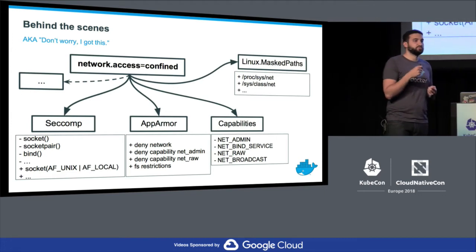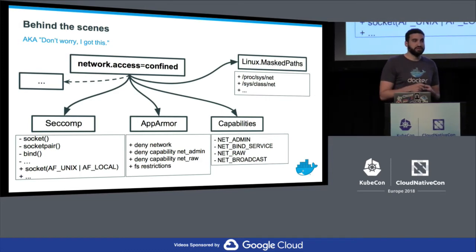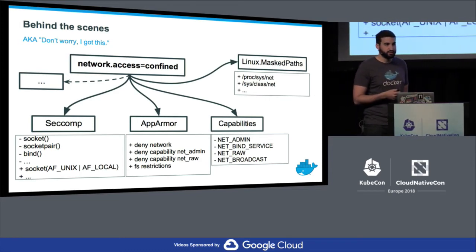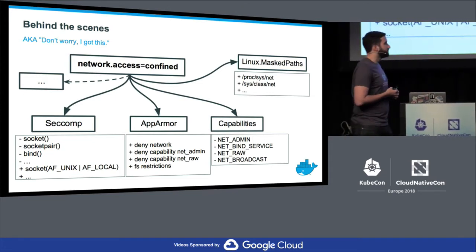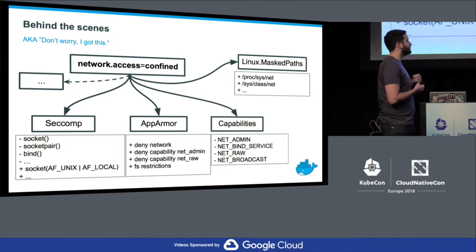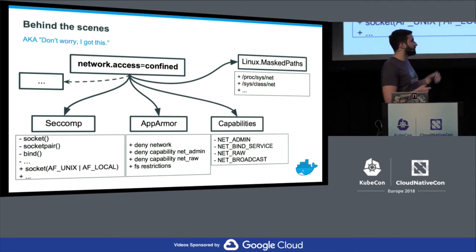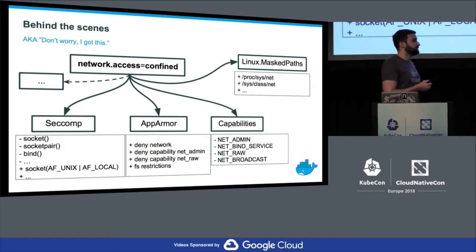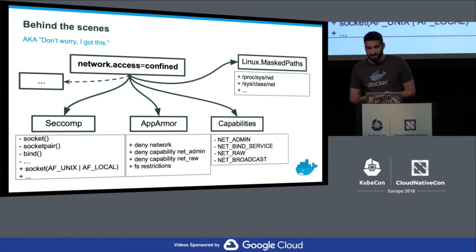You would want to prevent any operation on network sockets, but make sure that the Unix socket still works, so you can do regular actions. You would make sure that the AppArmor profile adds restrictions on the network capabilities. Same thing at the kernel capability level, tuning the path that a container has access to, and so on.